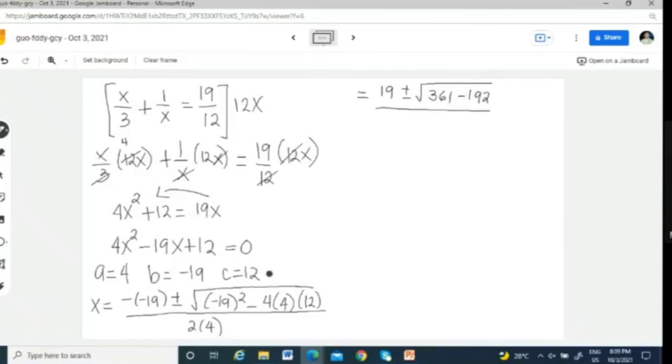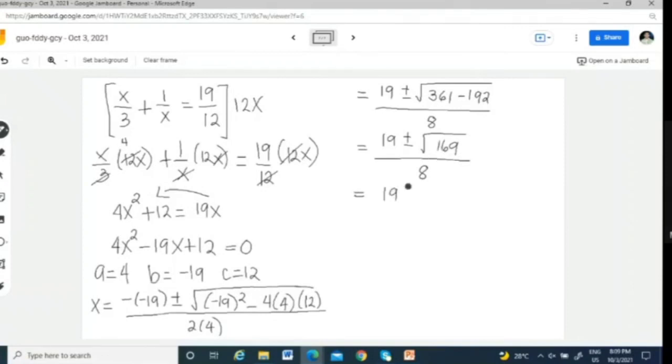All over 2 times 4 is equal to 8. So we will have 19 plus and minus the square root of 361 minus 192, which is 169, all over 8. The square root of 169 is equal to 13.